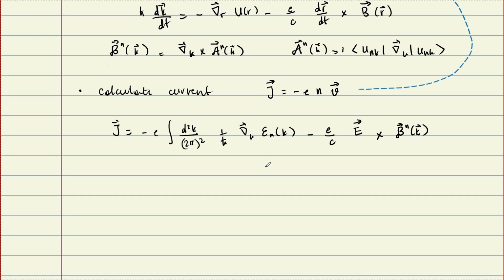So this one is the usual longitudinal current, and this one is going to give the transverse or Hall current, and that's the interesting one for us.